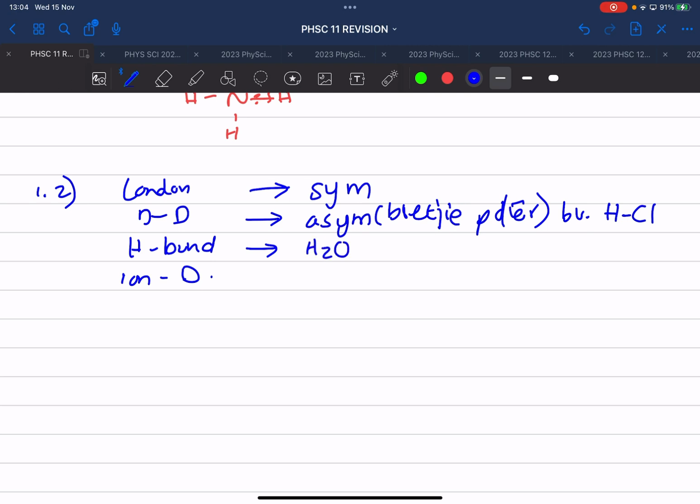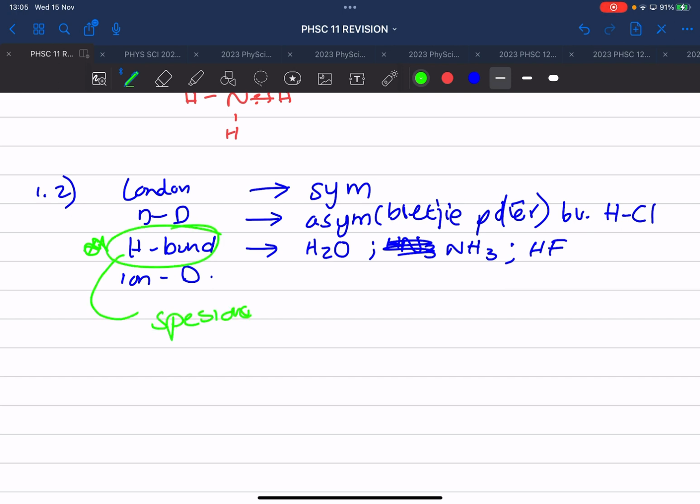We have water, ammonia and hydrogen fluoride. So what did they ask you? Between ammonia molecules? Okay. They are asking about hydrogen bonds, and our option is not there. Okay, here I say there are 2 answers, because a hydrogen bond is a special type of dipole-dipole force.